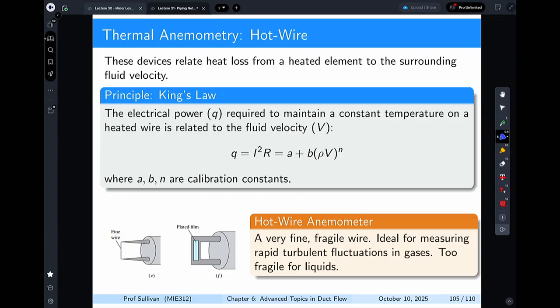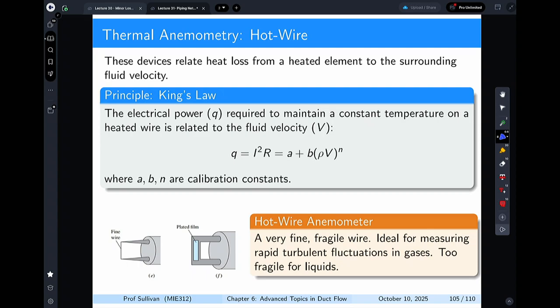Hot wire is really easy to program within LabVIEW or any other code. Setting it up is straightforward. It also has very high time response, and one of the big difficulties I have, in fact yesterday we were talking in the turbulence course, which I teach at the graduate level, about these types of devices.